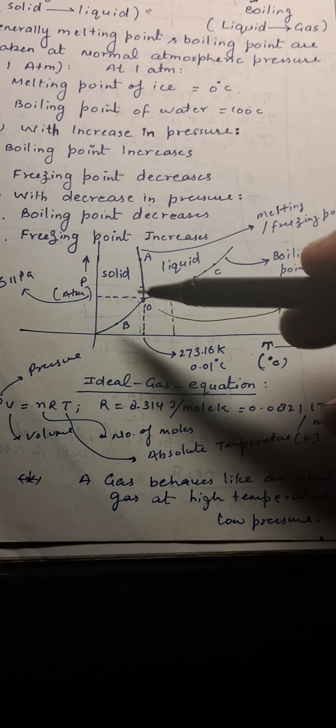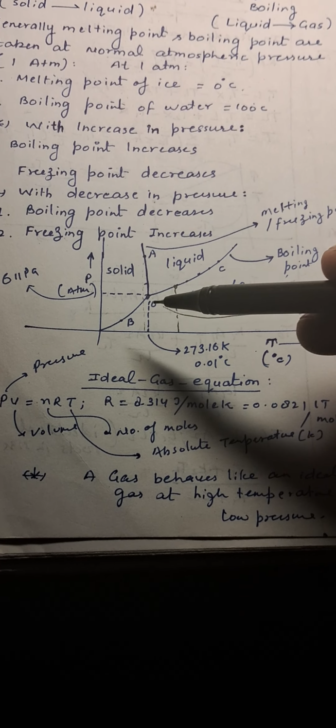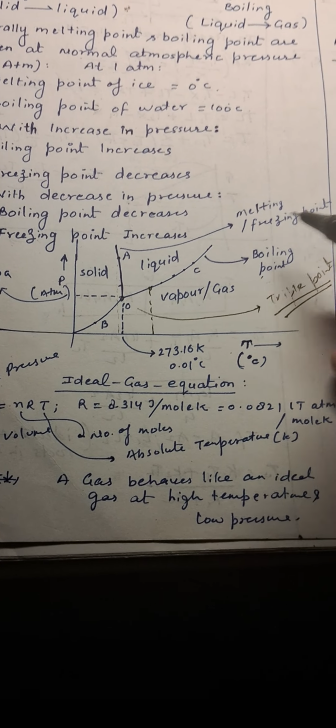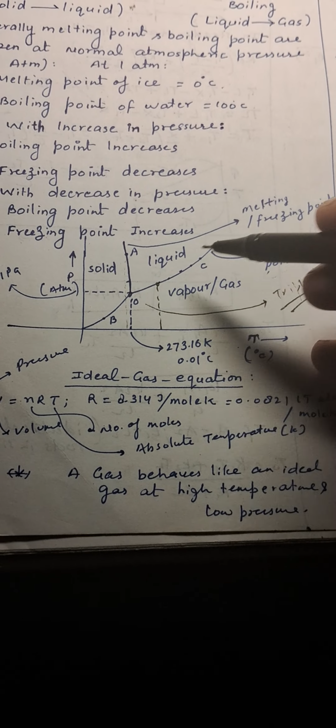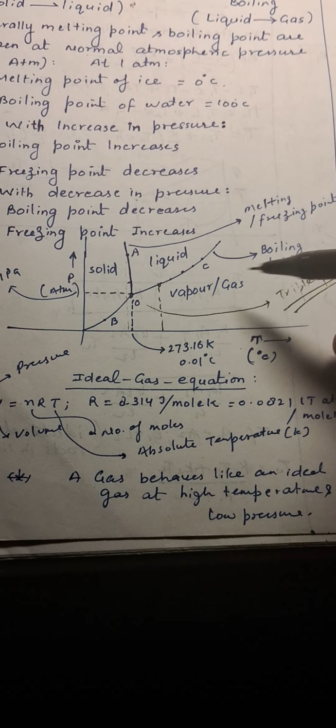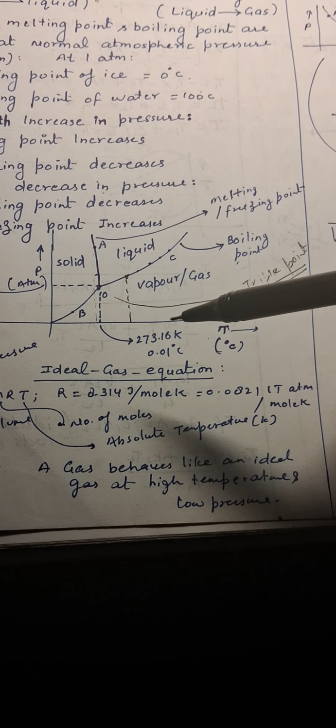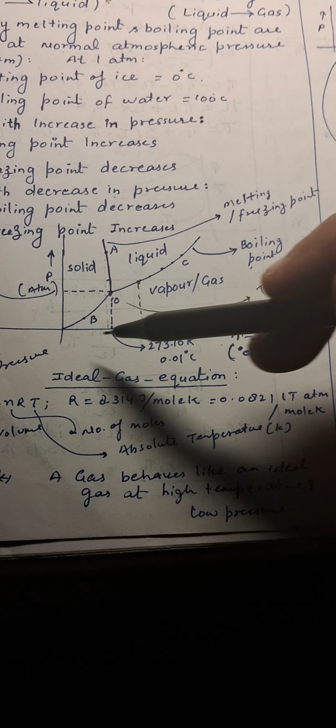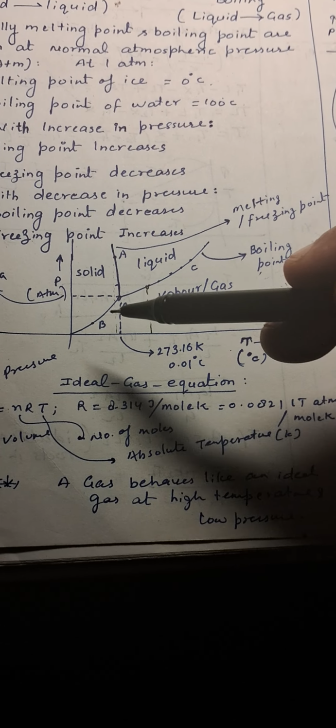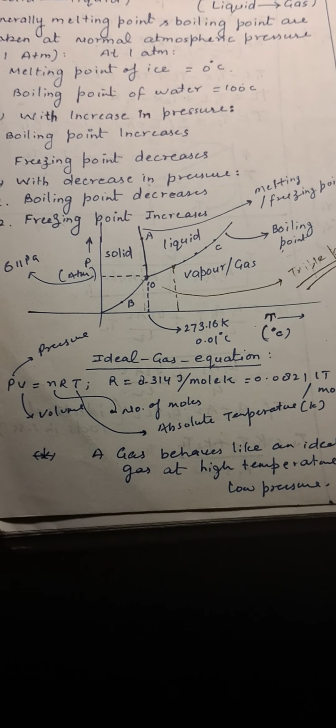Now this point where solid and liquid phases meet is called the melting or the freezing point. The point where liquid and vapor phases meet is called the boiling point. And the point where solid and vapor phases meet is called the sublimation point.